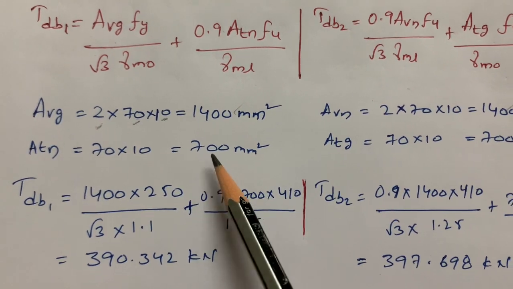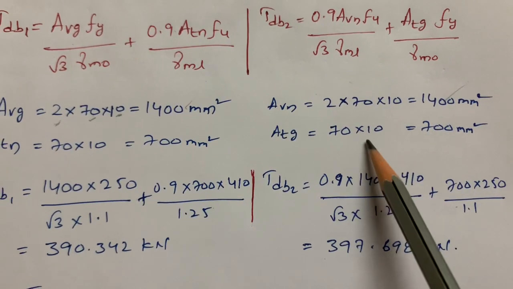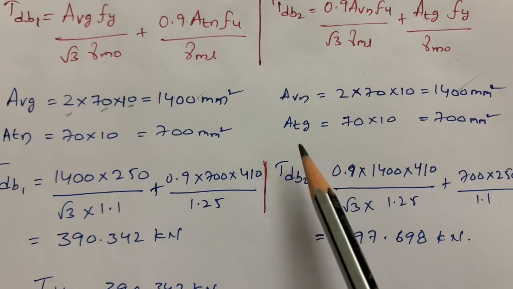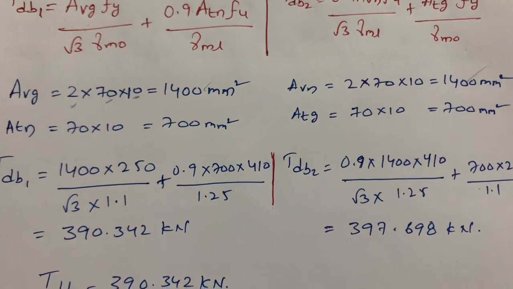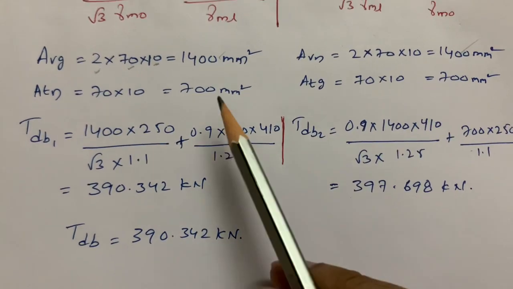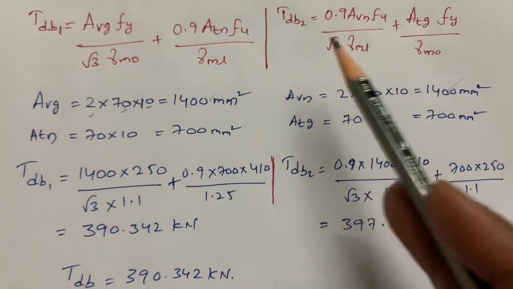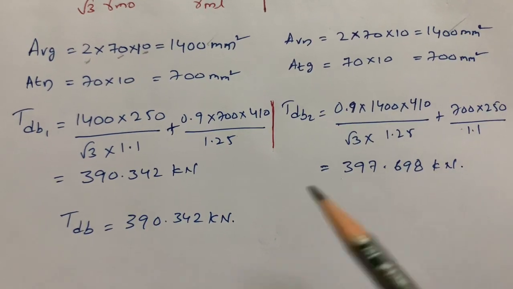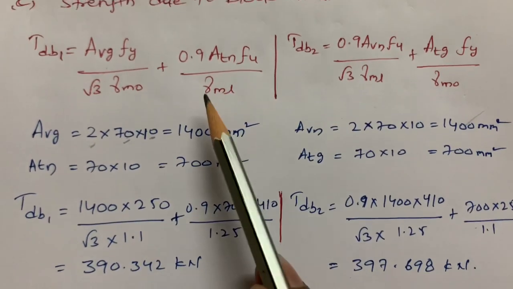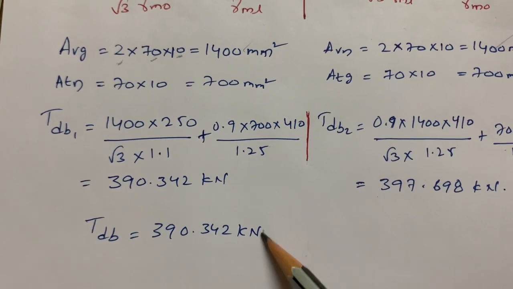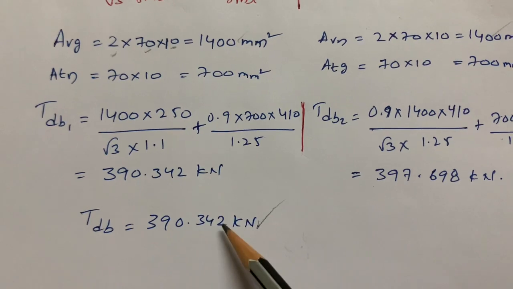So I got 700 mm square. Both I got 70 into 10 because these two are equal angles, both the outstanding and connected legs are equal. That's why we got equal values. After that I substituted all these values in these two equations. I got 390.342 and 397.698. The code is specifying that in these two equations, whichever is lesser, we need to consider. So I considered 390.342.